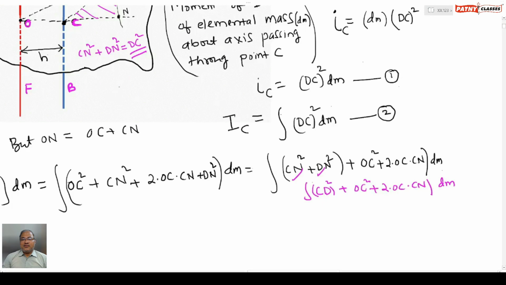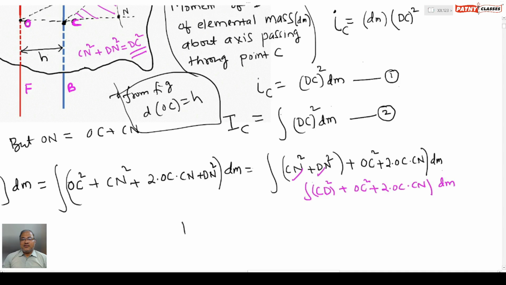From the figure, distance OC equals H. Therefore, wherever OC is there, you can write H. Therefore, I naught equals integration CD square plus OC square.